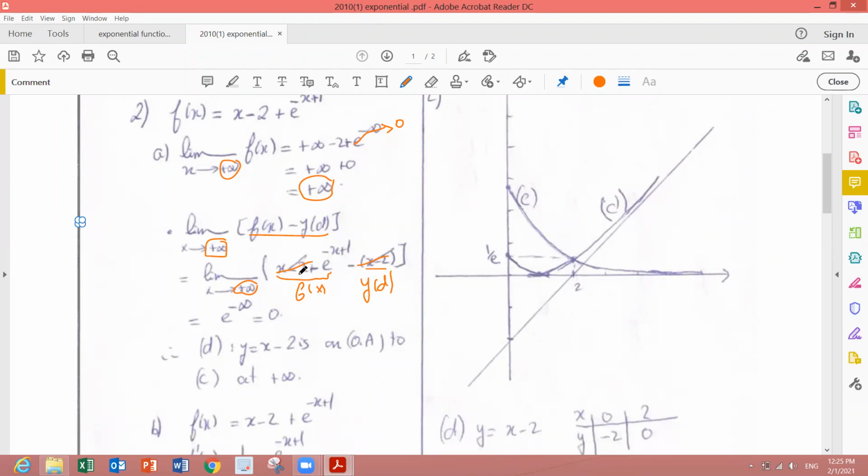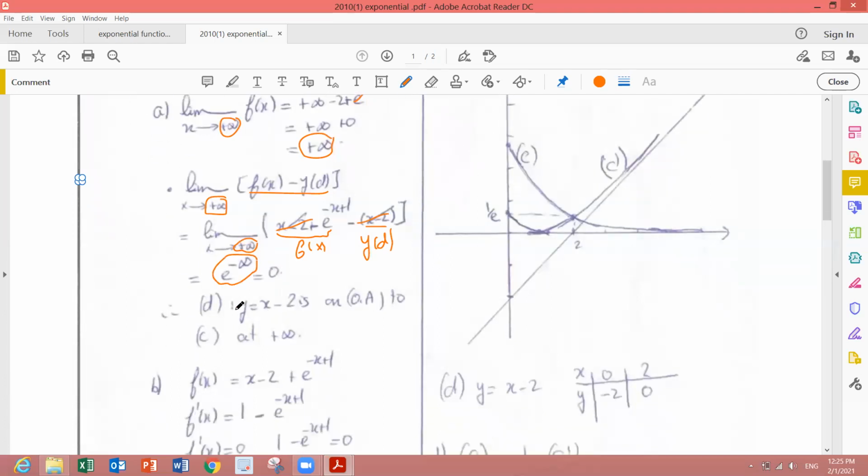We replace x by plus infinity, it becomes e to the minus infinity, which is 0. Therefore, the line D of equation y equals x minus 2 is an oblique asymptote to C at plus infinity.